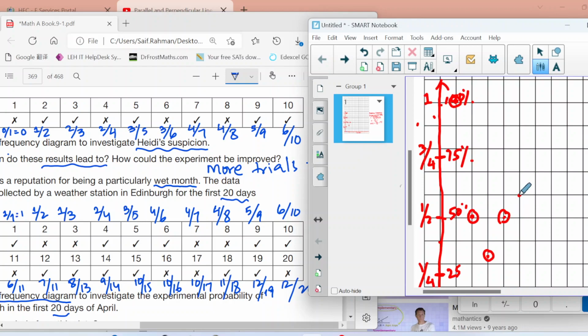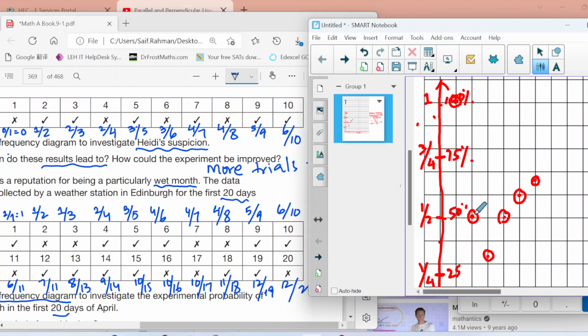So this line is 60% here. And for the next one, it is 4 out of 6. 4 over 6 is 2 out of 3, which is 66%. If this is the 60 line, this is the 70 line, so 66% should be somewhere here.